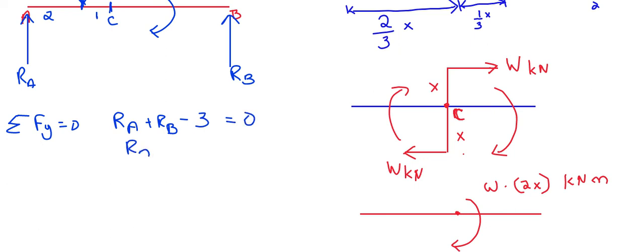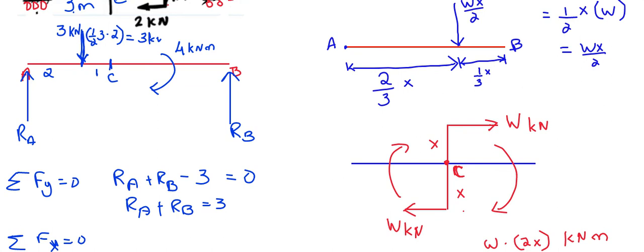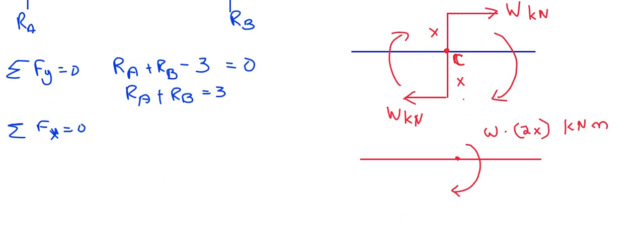Or you can write RA plus RB equal to 3. Now taking Fx equal to 0, there is no load acting in the horizontal direction because we took both of them as rollers, so there is no force. So now taking moment about A equal to 0.